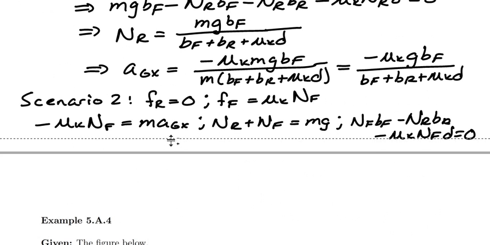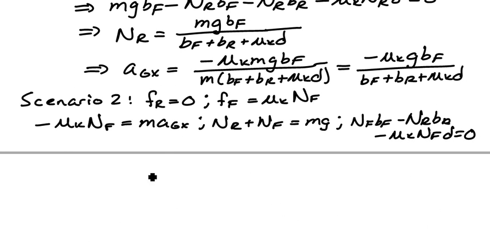So let me create a little space for writing here. So if I do that, again from the middle equation now, I'm going to want to eliminate N_R, so I'm going to have N_R is equal to mg minus N_F.